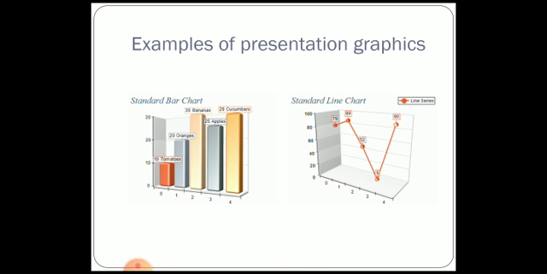Now you can take a look at some of the presentation graphics over here. The first one is a standard bar chart. Basically, it's a normal chart which will help you represent the information in a particular format. Similarly, we have a standard line chart.